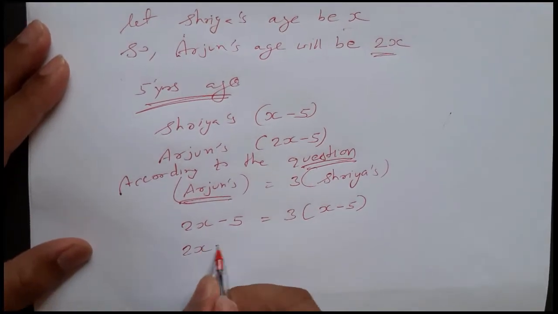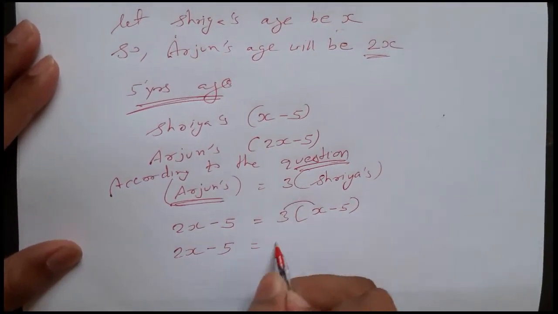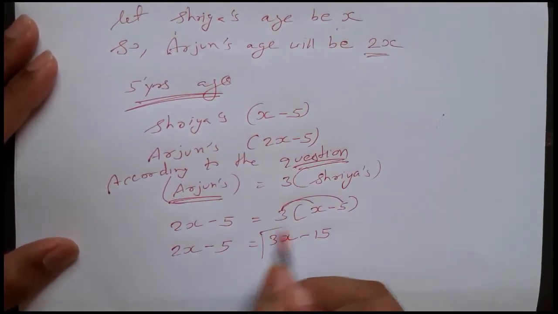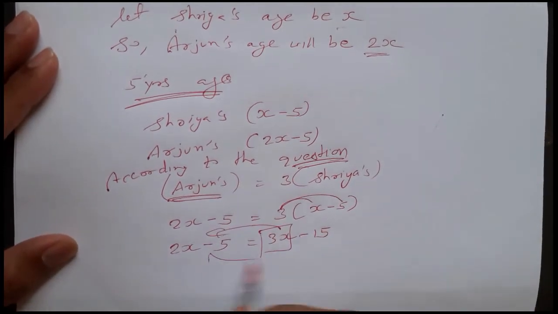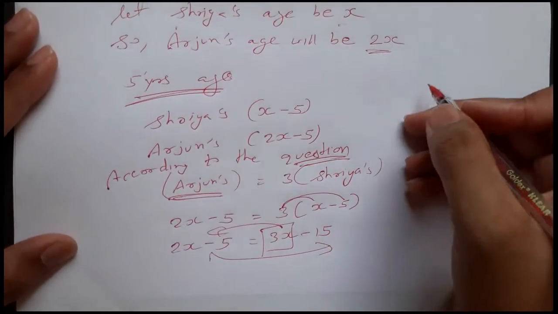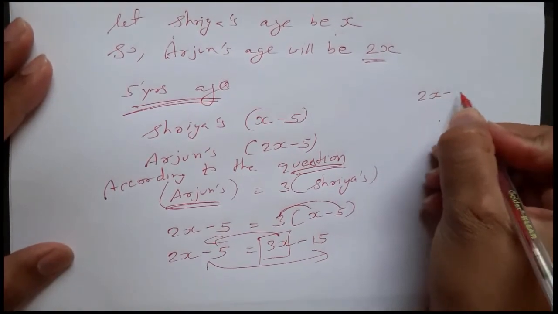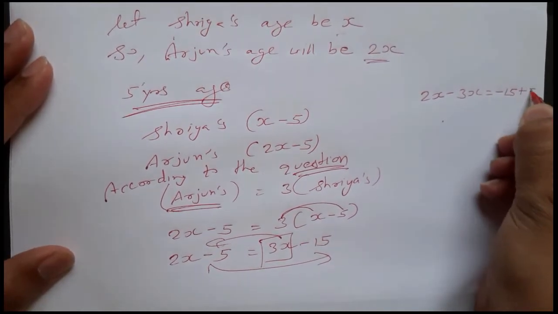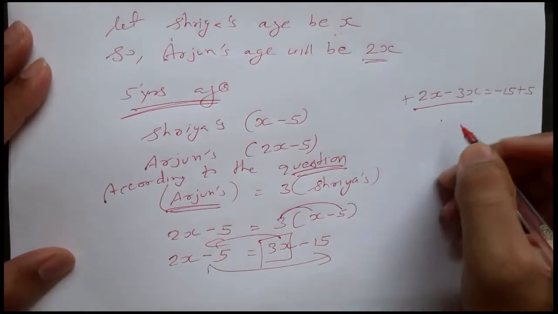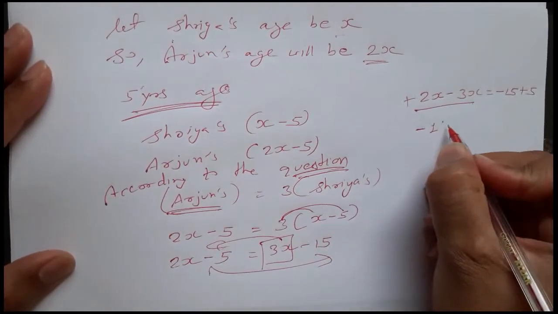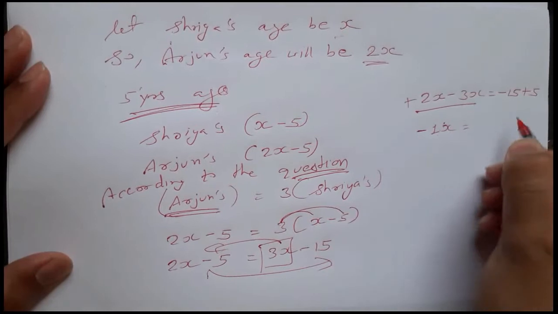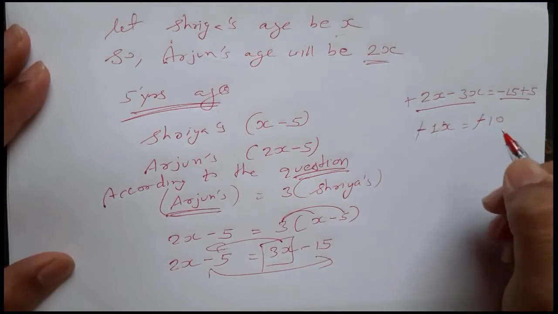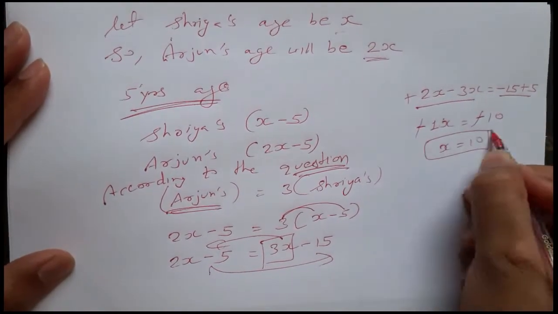Then 3 into x will be 3x, and 3 5s are 15. Then this 3x will transpose to the LHS side and minus 5 to the RHS. So it will be 2x minus 3x equal to minus 15 plus 5. Now plus minus minus, sign of bigger digit. 2 minus 3 will be 1x, and minus plus minus, sign of bigger digit, 15 minus 5 will be 10. Minus minus cancel out. So we got the x value 10.